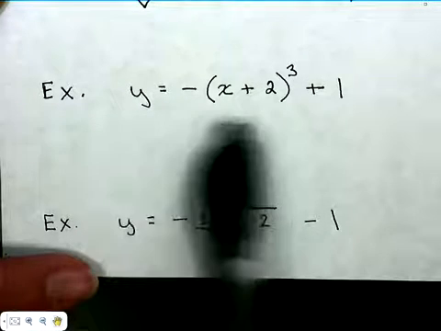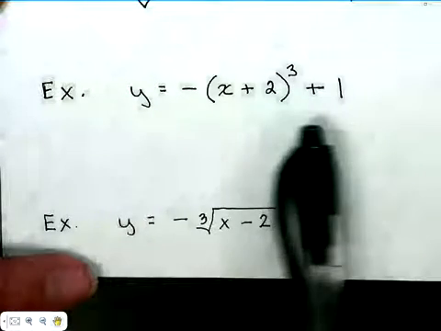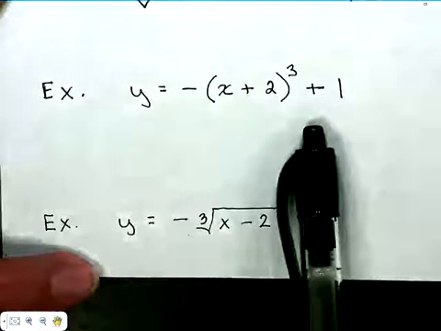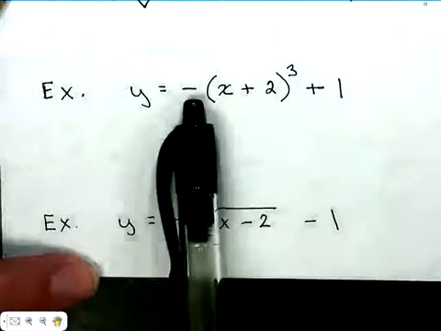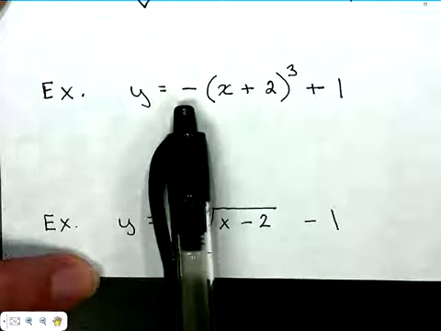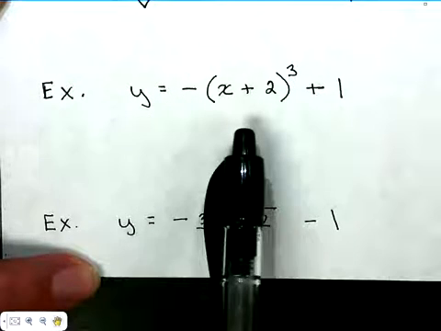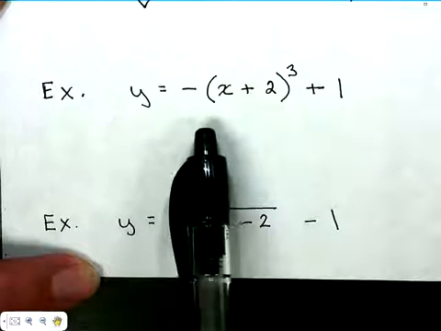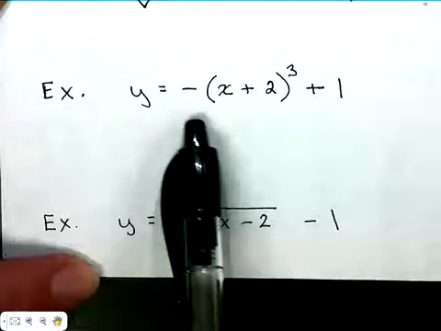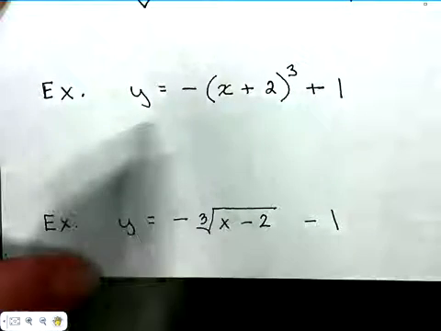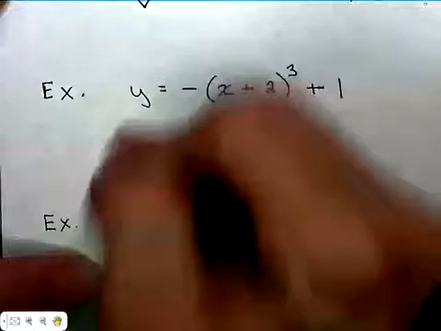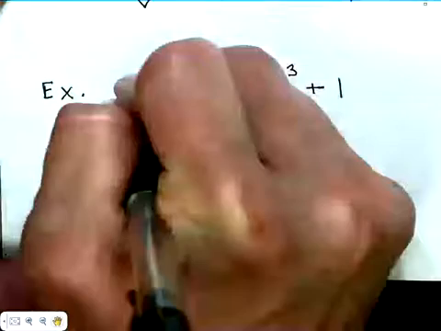The first one is what basic shape? Snake. What does the negative do? Going downhill. Downhill snake with turning point where? -2, +1. Here's the basic shape.